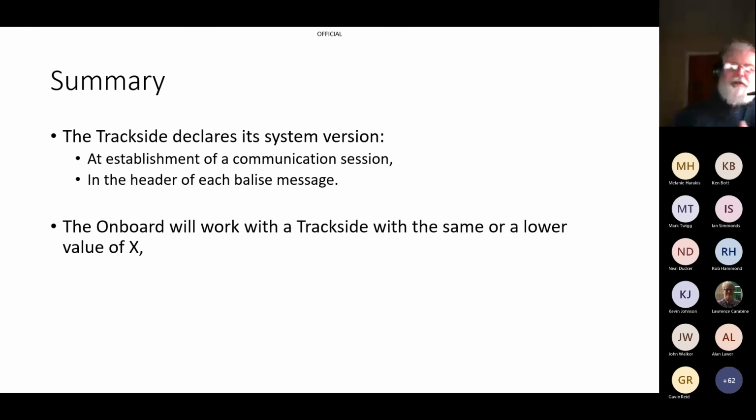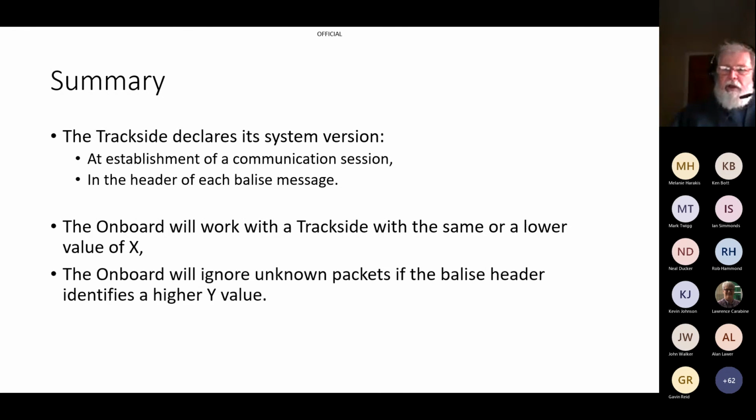It will always be compatible with the same or a lower value of X. It will then interpret the information, but we also have this facility that it will ignore packets in Balise messages where the Y value is higher than the onboard's Y value. So it won't generate an error.